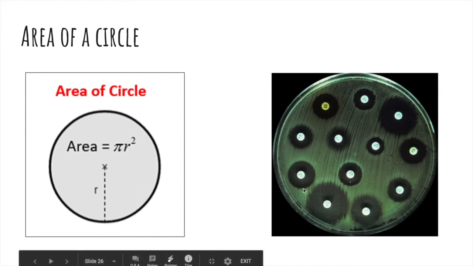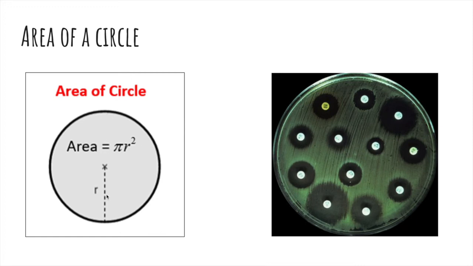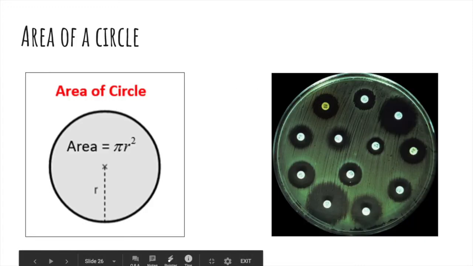It is quite difficult to calculate the radius in that way, to do half of it. So what we tend to do instead is calculate the diameter, that whole distance across from one side to the other, and then half it to find the radius.